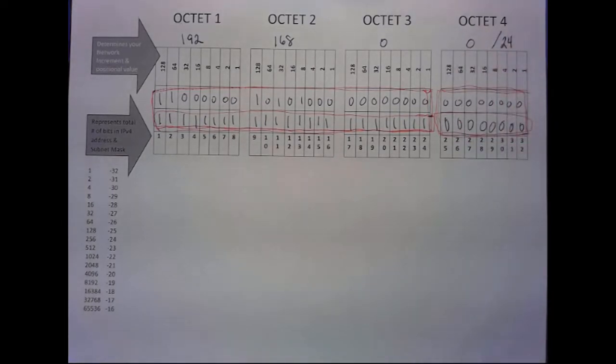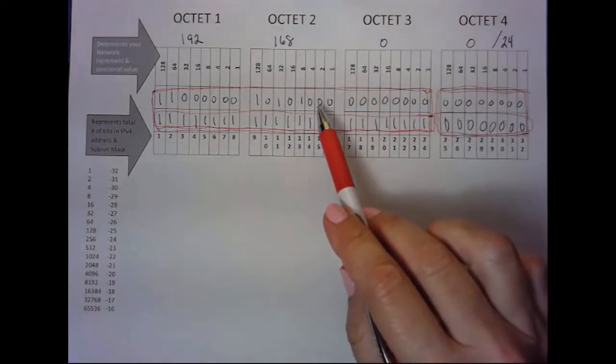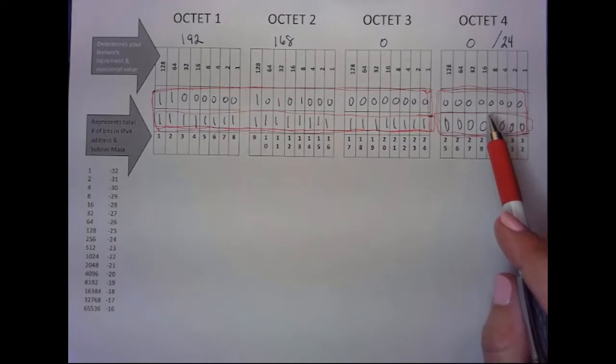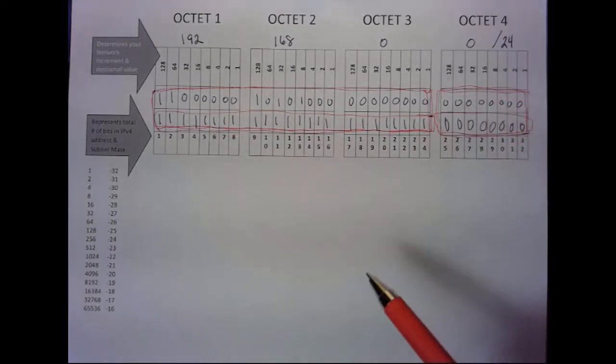There's a couple of different ways for us to figure it out. Now, the reason I like this chart and the reason I want students to memorize it and or just get good at writing it down is because it's an easy way to figure out how many hosts are available with a 255.255.255.0 or again a /24.